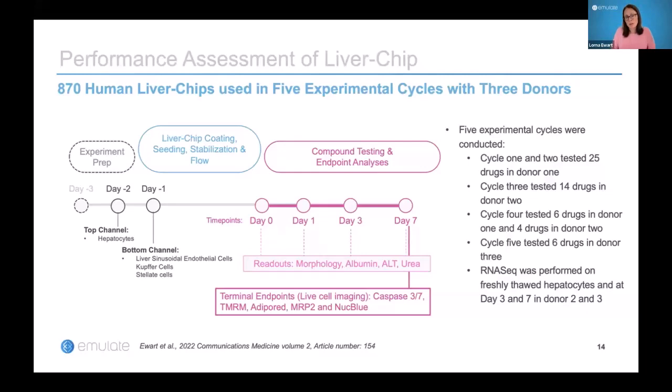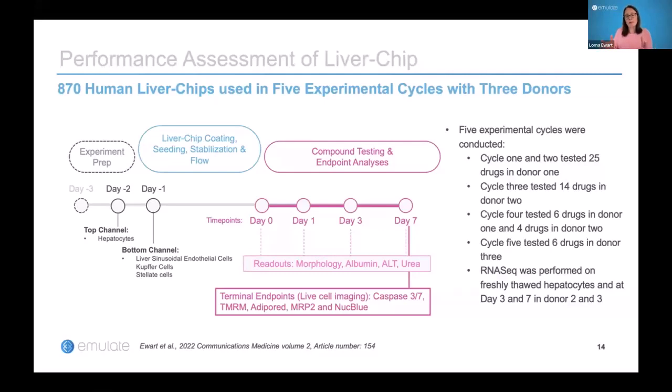And at that point, 24 hours later, we attach our chip into our fluidic platform and begin the flow of media. At that point, we call that day 0. And on day 0, we are also going to be adding the vehicle controls as well as any compound that we want to test.